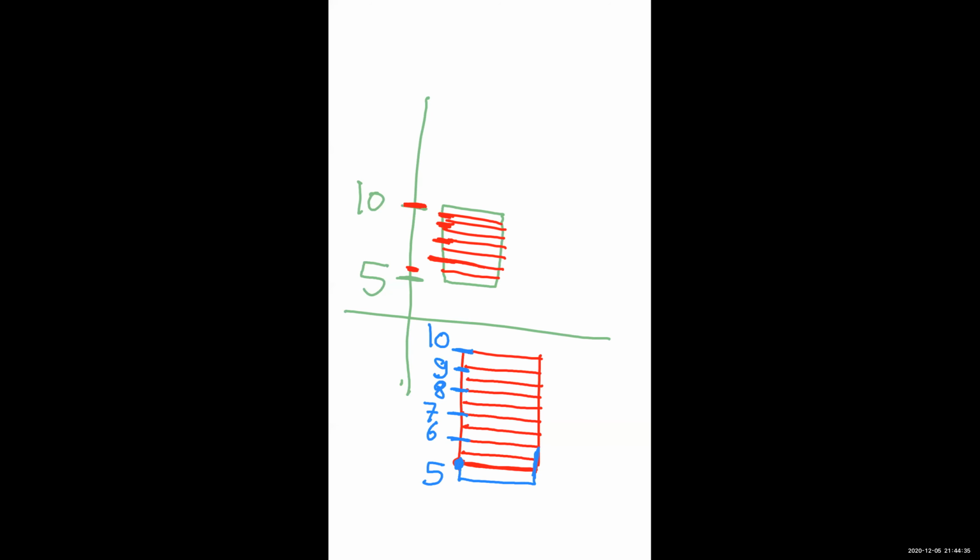One second, I will clear it again to show you exactly where the points are. This one is 5, right? 1, 2, 3, 4, 5, 6, 7, 8, 9, 10.